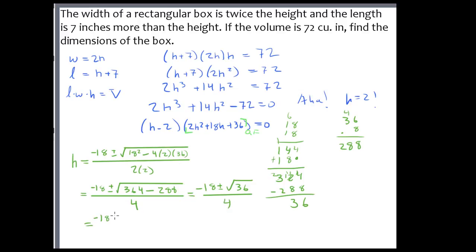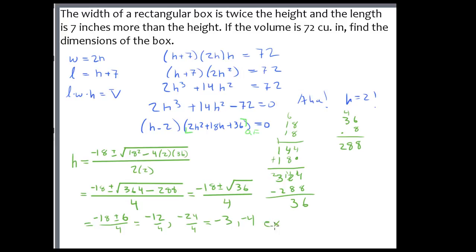Minus 18 plus or minus 6 over 4. Minus 18 plus 6 is a negative 12 over 4. And then minus 18 minus 6, that's a minus 24 over 4. So I get negative 3 and negative 4.